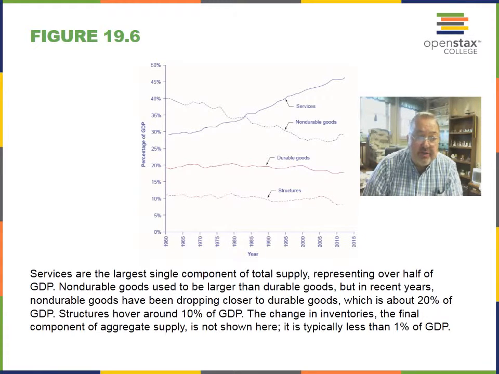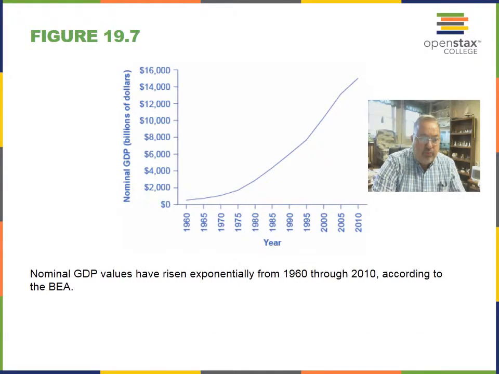Services has actually surpassed the production of non-durable goods in the United States. A lot of our non-durable goods are now being made in other countries and then being shipped to us. Durable goods have remained fairly steady, and so have building structures and that part of the manufacturing business.